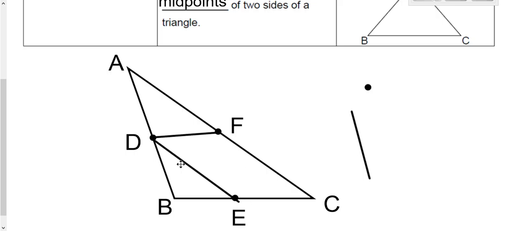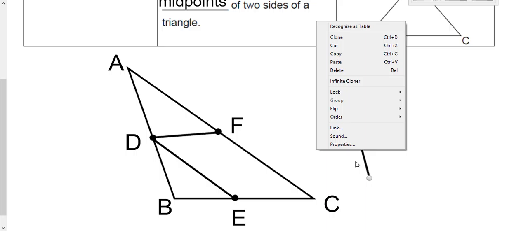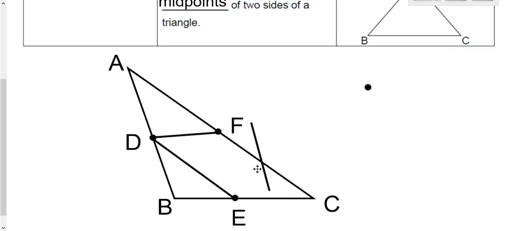You can connect these two midpoints, get another midsegment, and the same relationship applies between this midsegment and its third side. And also this third one right here. If I draw that in, the relationship still exists between this midsegment and its third side over here, AB. So let's go see if we can find out what it is.